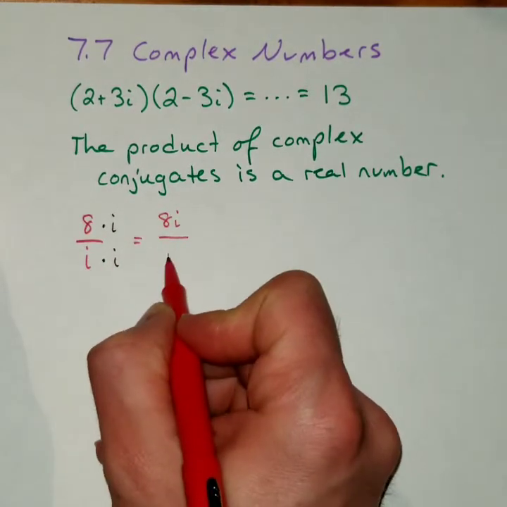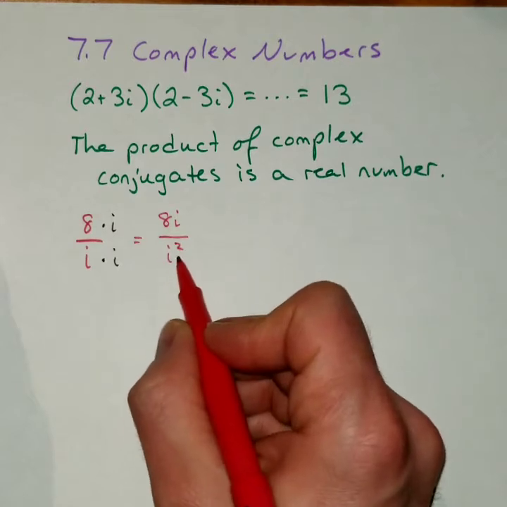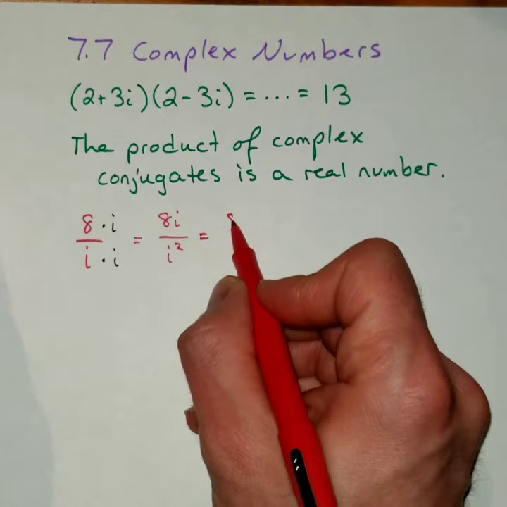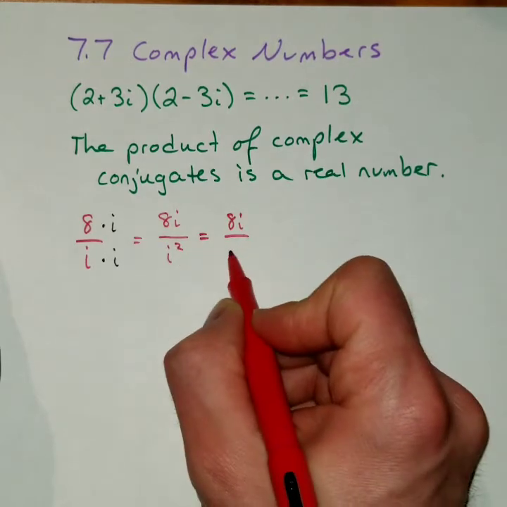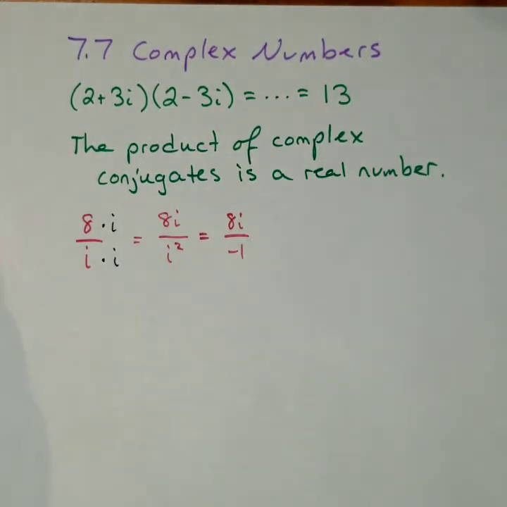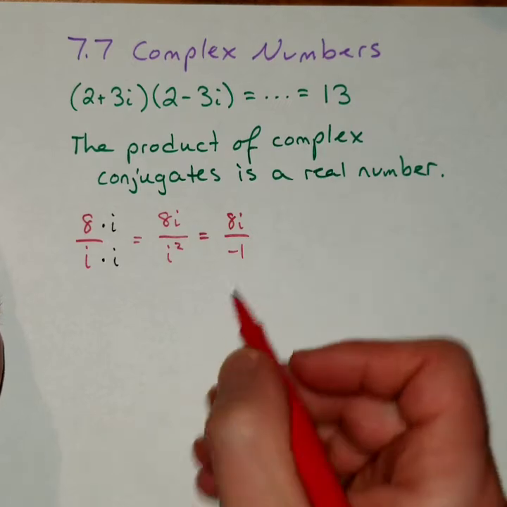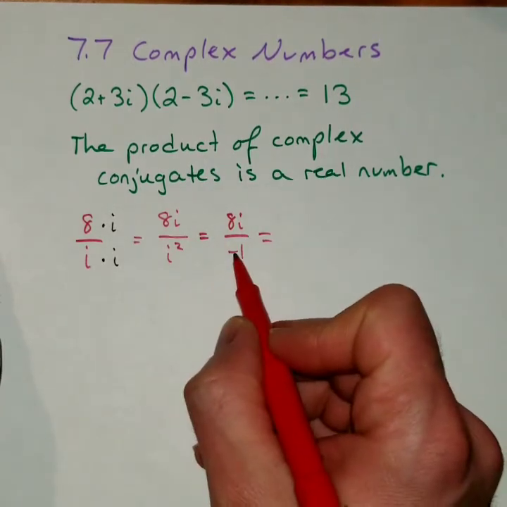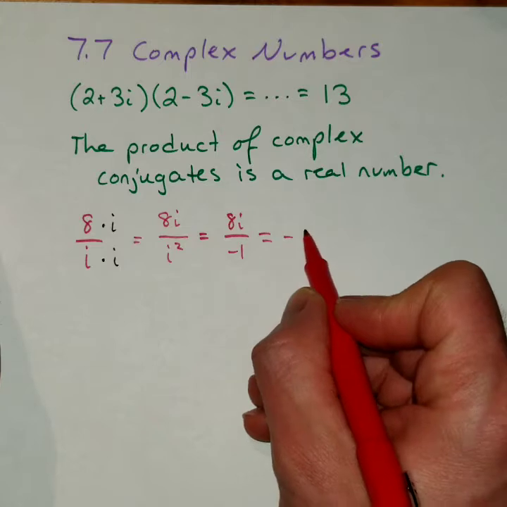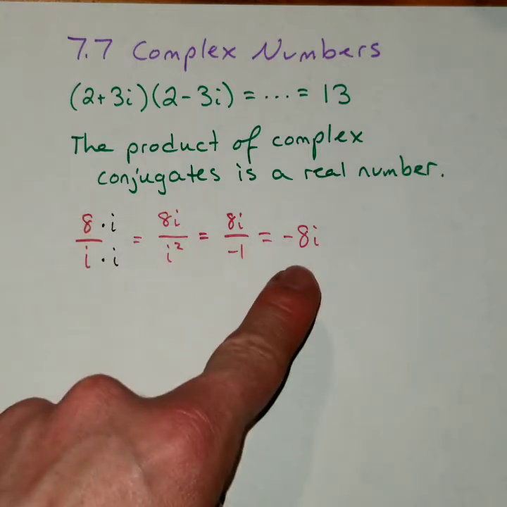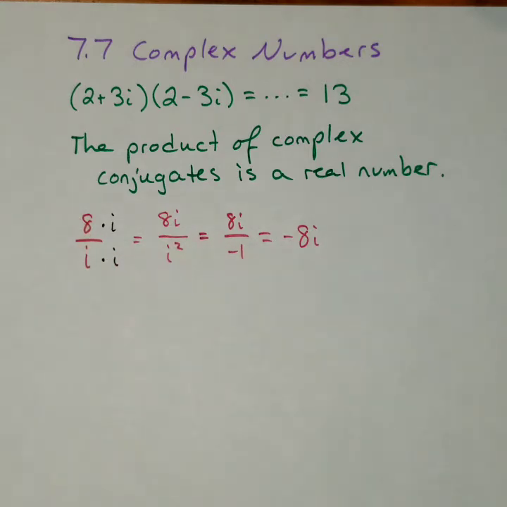On the bottom, I get i squared. But remember, i squared is really -1. That's how we get rid of the i, we turn it into a -1 by multiplying top and bottom by an i. Now I can simplify this. 8 over -1 is just -8, so I could simplify this to -8i. So 8 over i is really -8i in the standard a plus bi form.